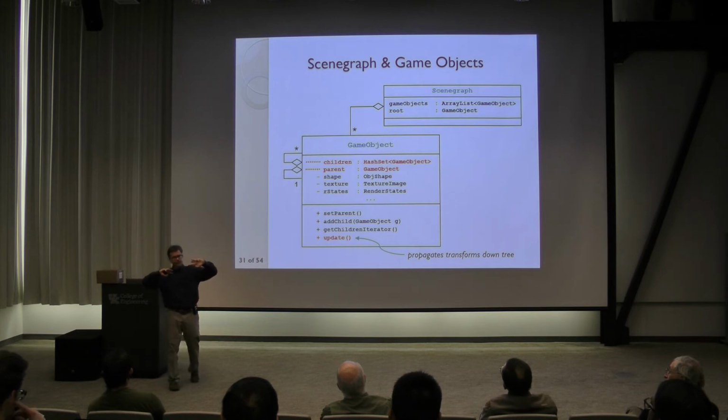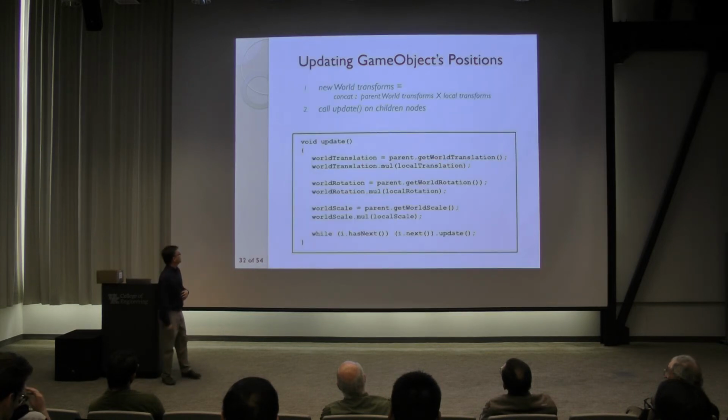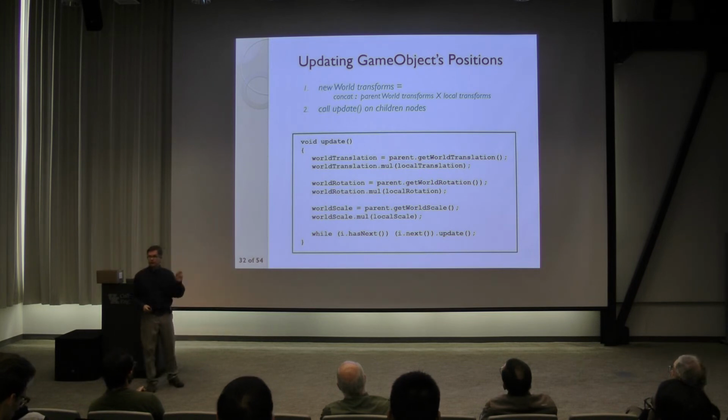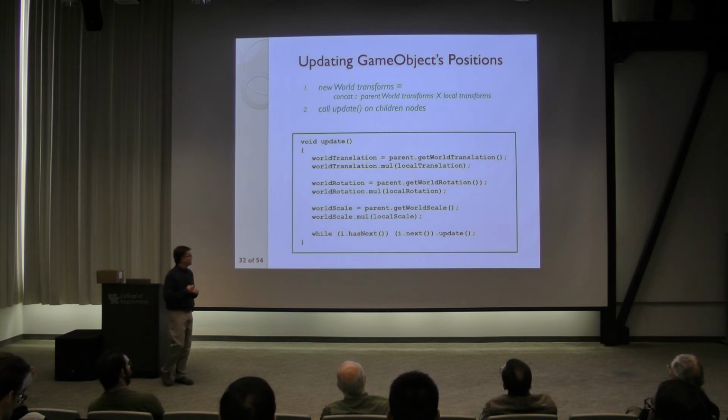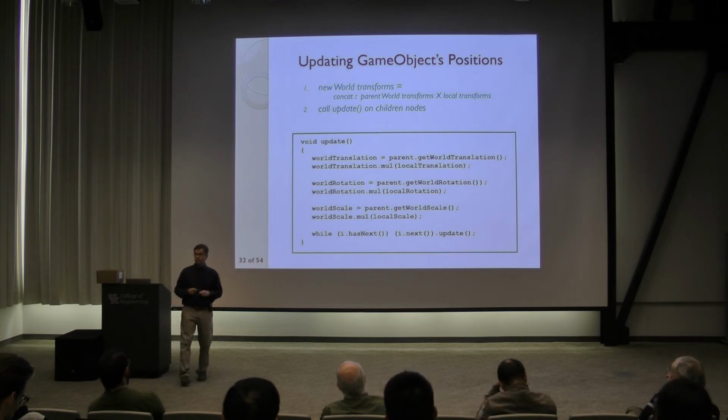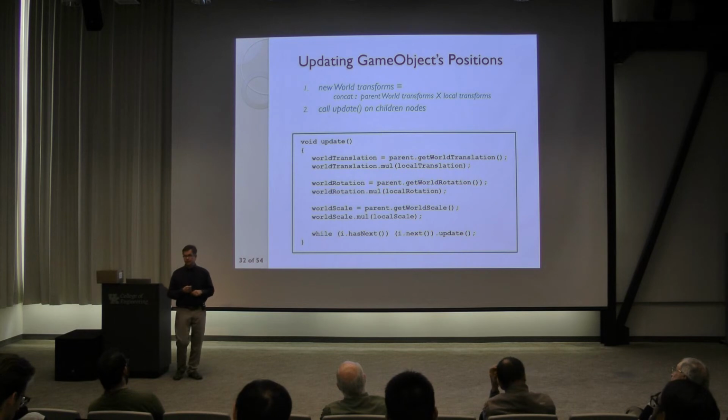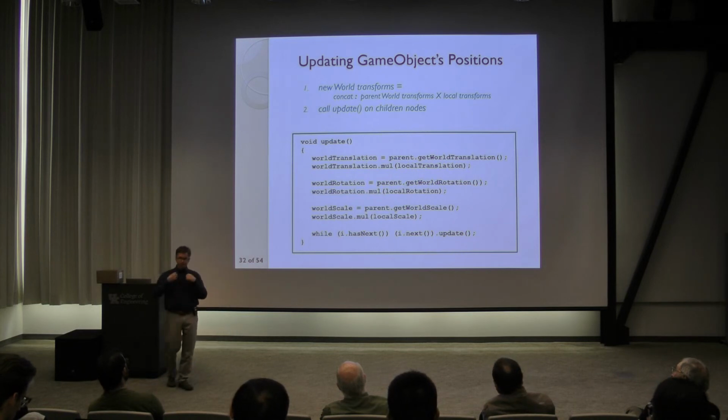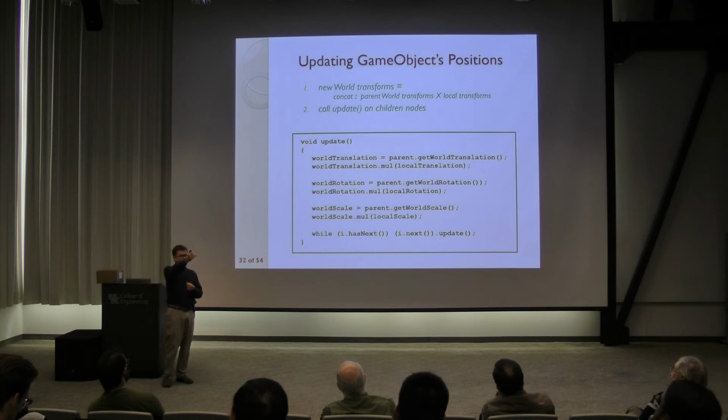There's translate, scale, and rotate local, and translate, scale, and rotate world. World means where they are in the whole world. Local means where they are relative to their parent. And so the worlds are computed from the locals. At any given time, the world translation matrix is the parent's world translation matrix concatenated to your local translation matrix.